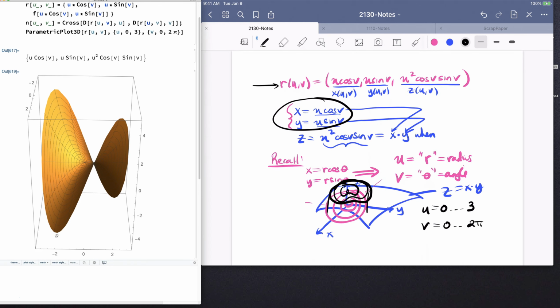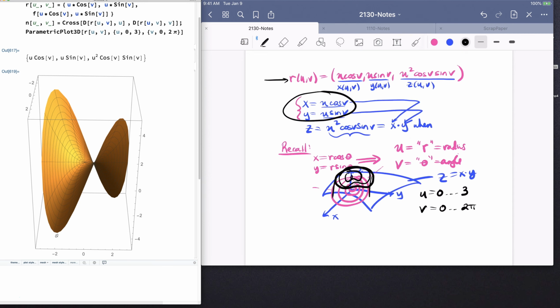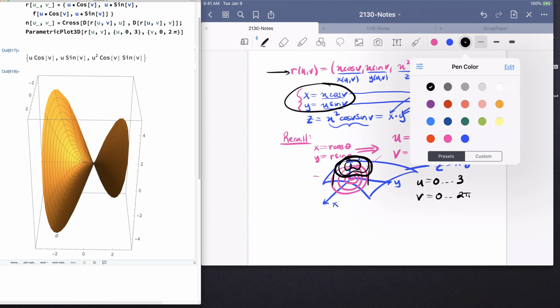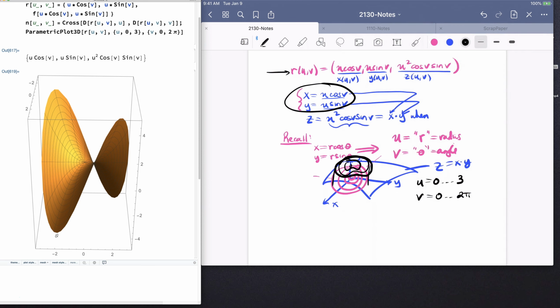Okay, and it is still true that if you take the cross product r_u cross r_v, that you will get the normal vector to the surface.